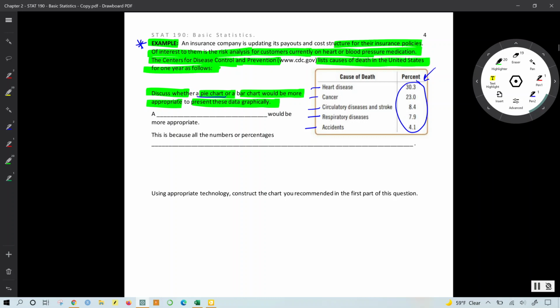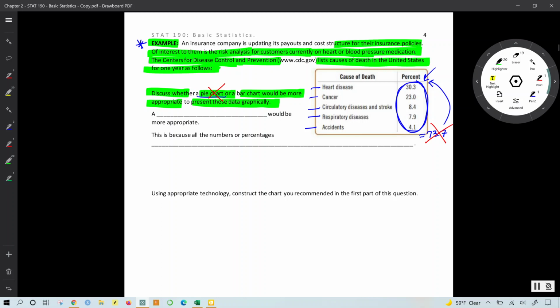As you might observe, if we add up all the percentages here, that is 30.3 plus 23 plus 8.4 plus 7.9 plus 4.1, we will get 73.7% total. This does not represent the total 100%, which means some pieces of this whole quantity have not been provided here. That provides us a basis to say that a pie chart cannot be used to represent this data graphically.